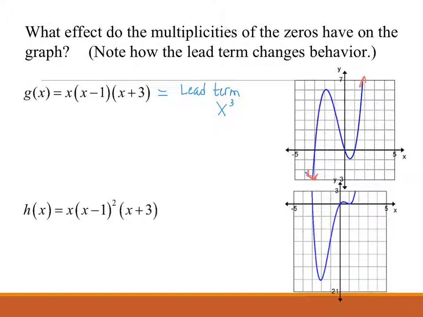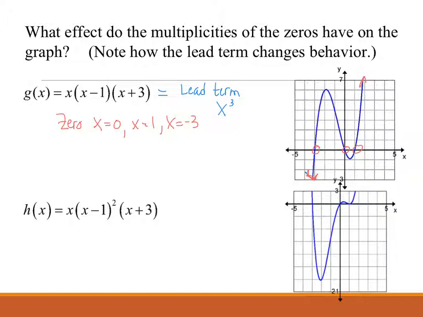And notice that the zeros are x equals 0, x equals 1, x equals negative 3, and the multiplicity is 1, so it crosses each one of those points on the x-axis.